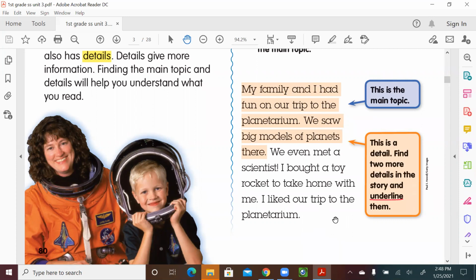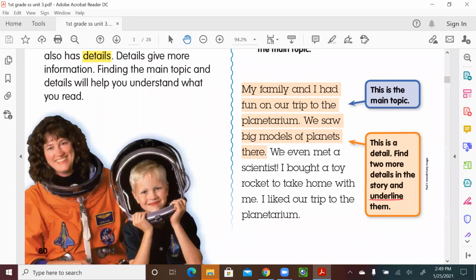I liked our trip to the planetarium. So this is a detail. Find 2 more details in the story and underline them. So the detail said we saw big models of planets there. So we can say more details: yes, we even met a scientist and bought a toy rocket.